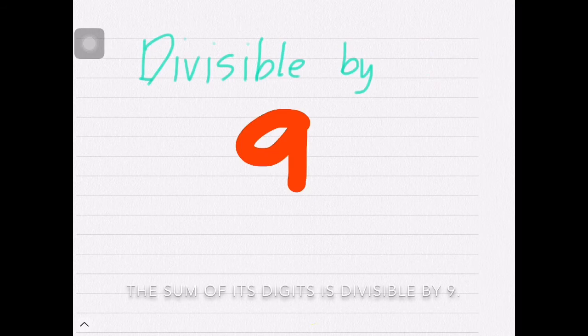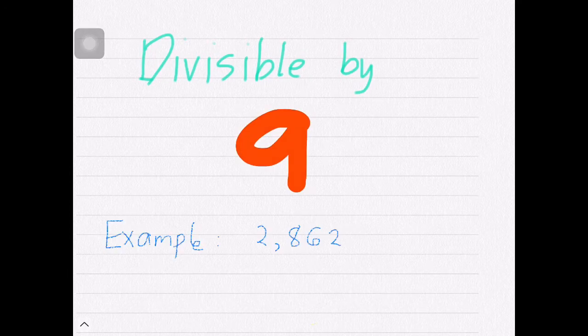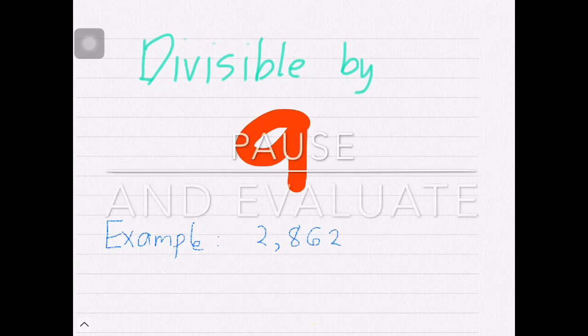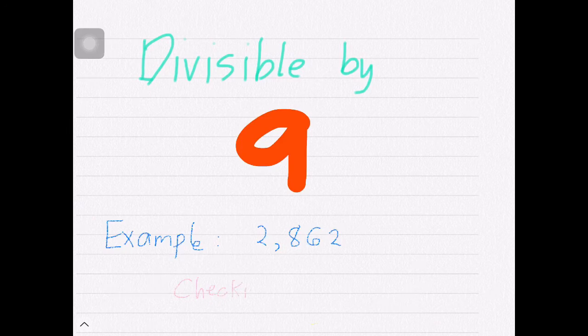A number is divisible by 9 if the sum of its digits is also divisible by 9. Here's an example. Checking the sum of its digits.